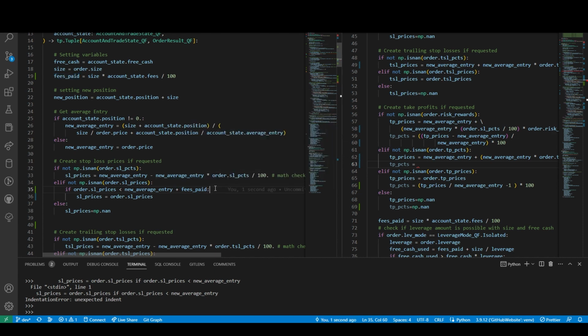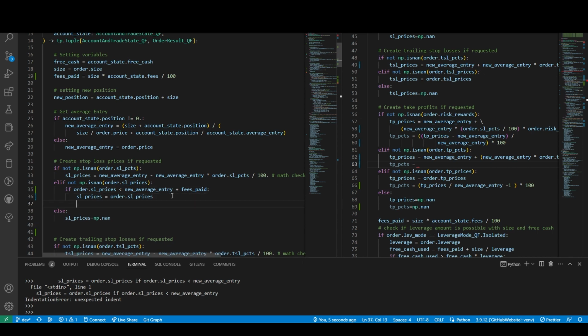All right. Else, and we could just say a stop loss price. I'm just wondering, should I just set the stop loss price equal to the new average entry plus fees paid?